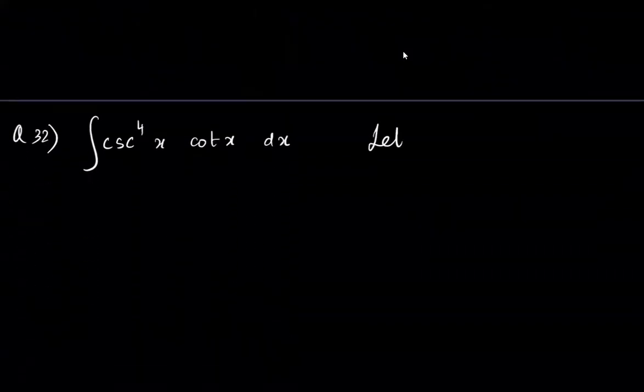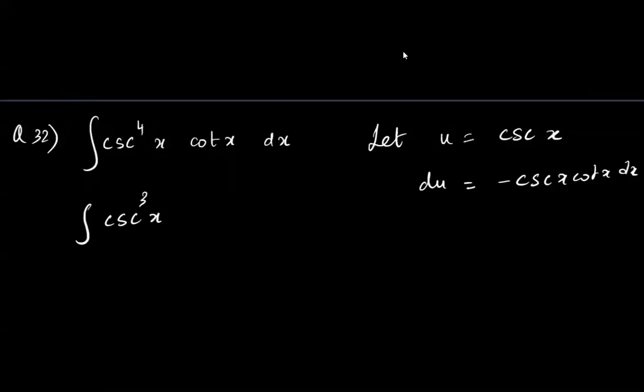Okay, so here I will make my u cosecant x. So my du is, what is my du? Negative cosecant x cotangent x dx. So this can be split up as cosecant cubed x times cosecant x cotangent x dx, correct?